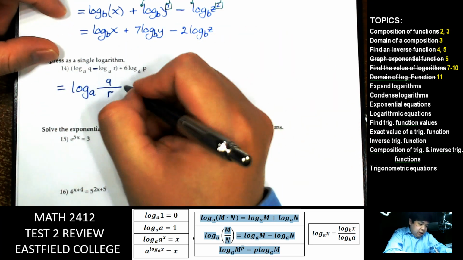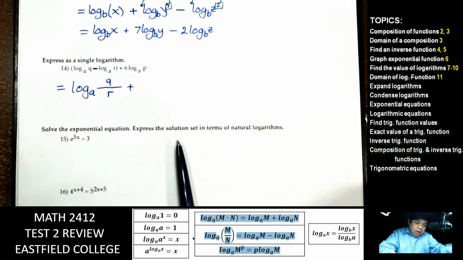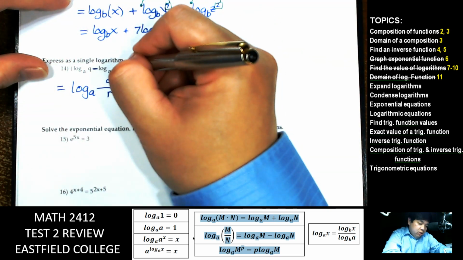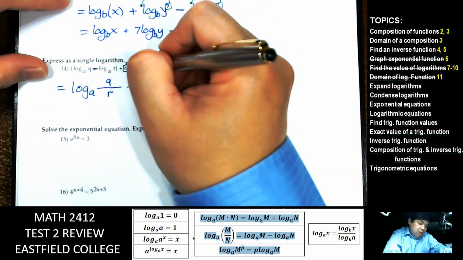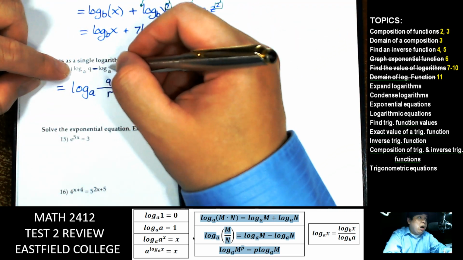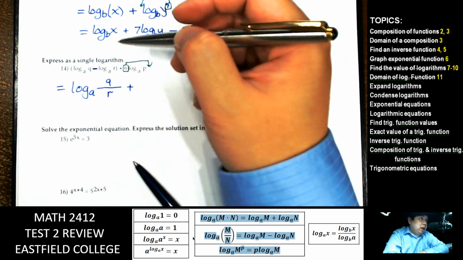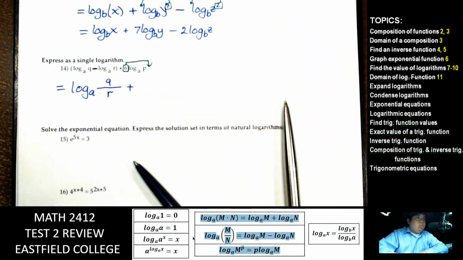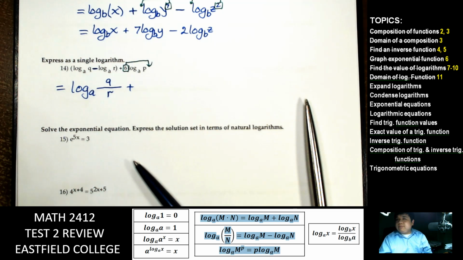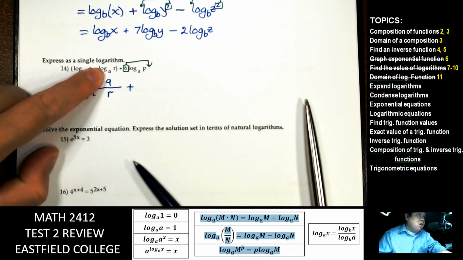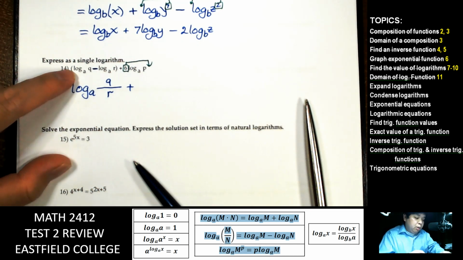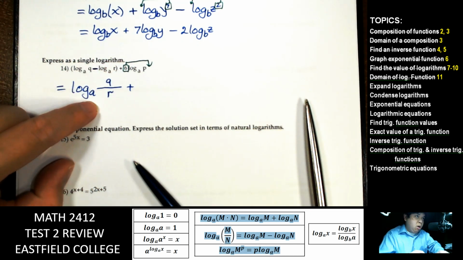For this, before we can combine them, we have to take the 6 inside, because we can only combine them if we have only one of each log, so one log here, one log there. Then we can combine: positive on top, negative at the bottom.